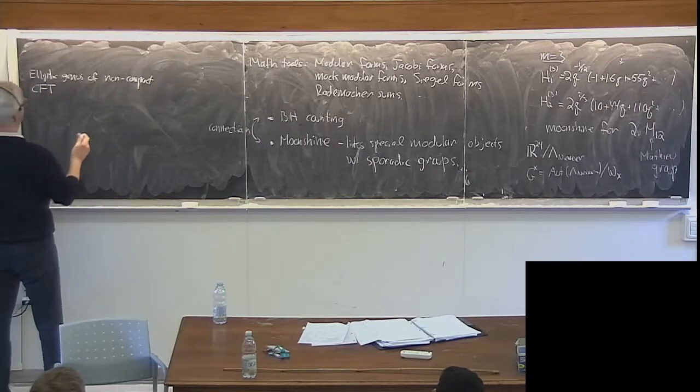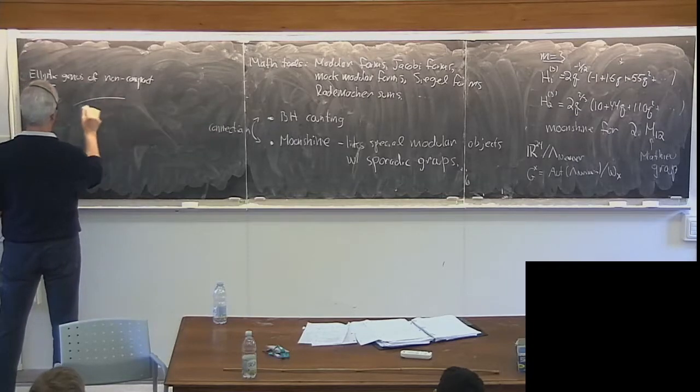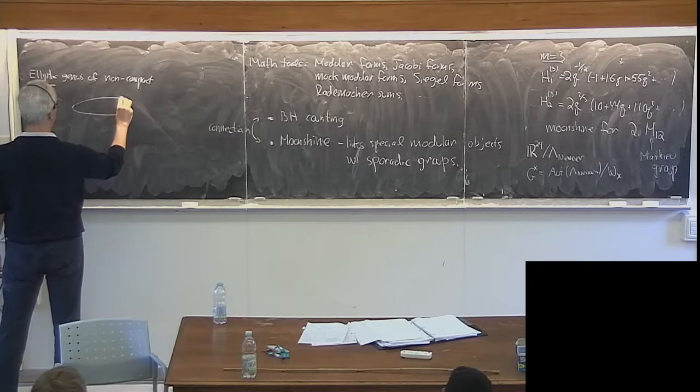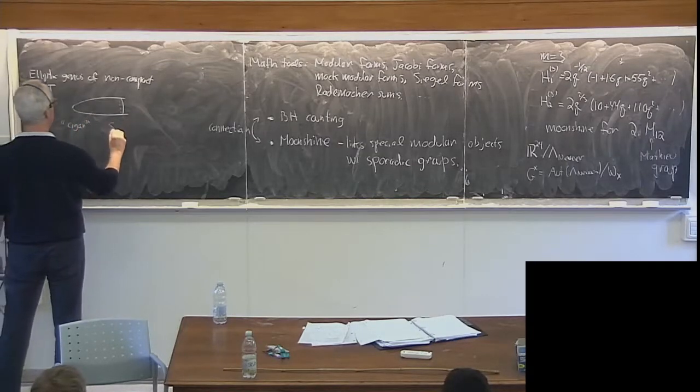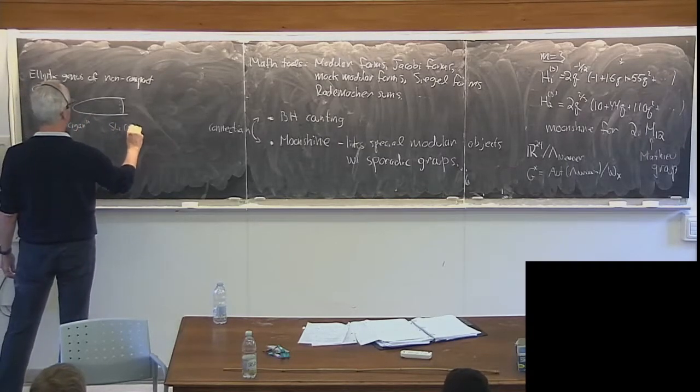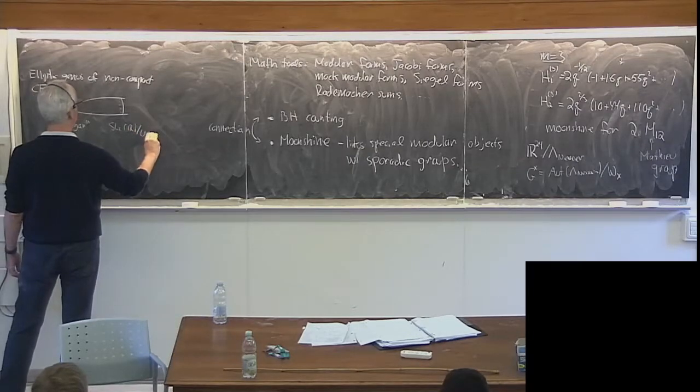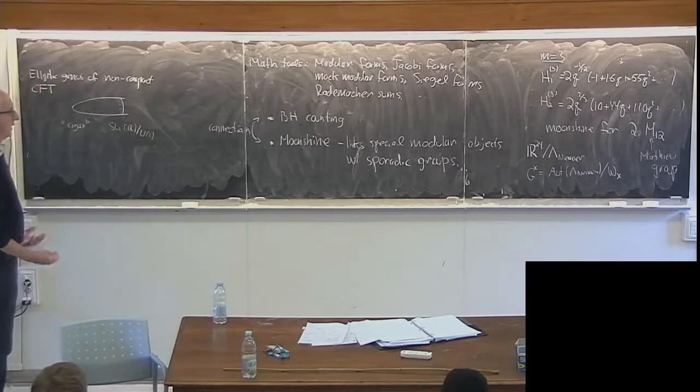One of the nicest examples that was analyzed by Eguchi, Sugawara, Troost and collaborators is string theory on what's sometimes called the cigar geometry, which is related to a coset like this. So this is not string theory on a compact manifold, but on a non-compact manifold.